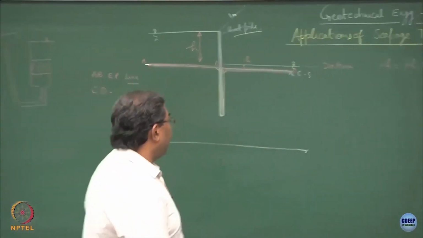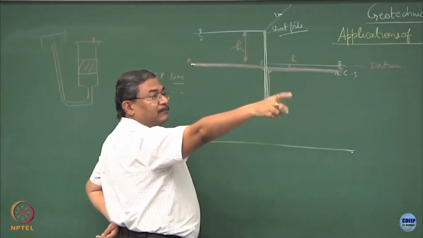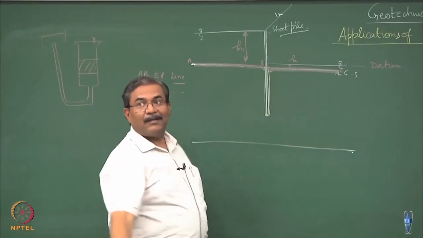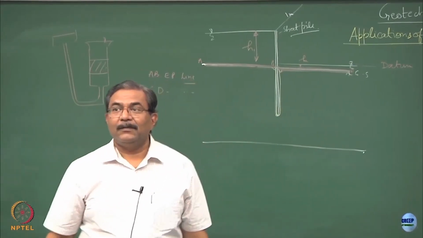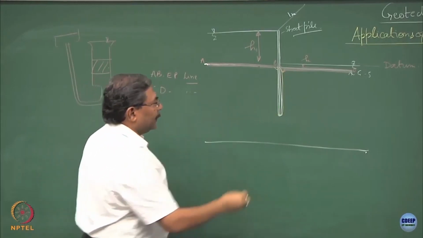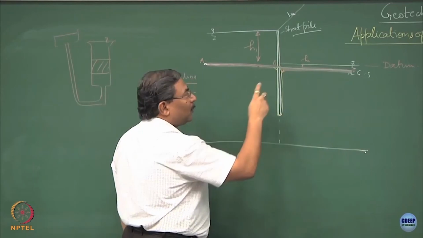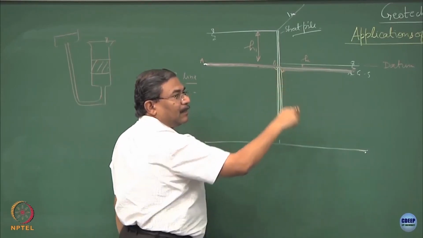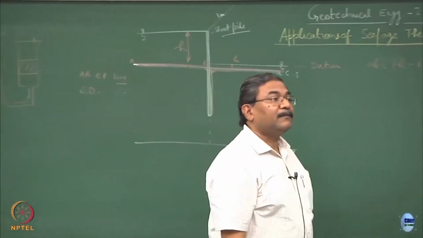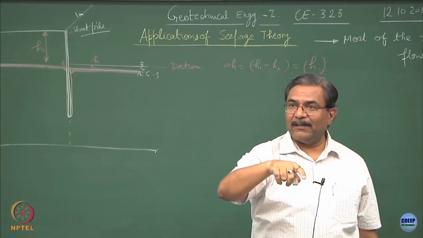Suppose I play with the length of the sheet pile, what am I going to achieve? Suppose I increase the length of the sheet pile, what is going to happen? You are elongating the path. Elongation of the path means the gradient changes, very good. Why? What is i?